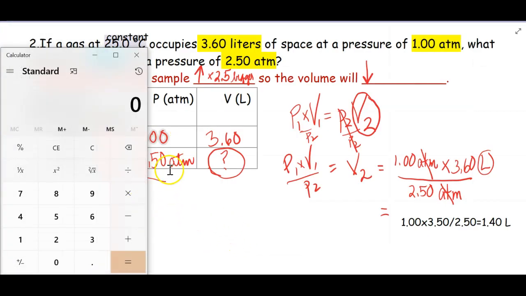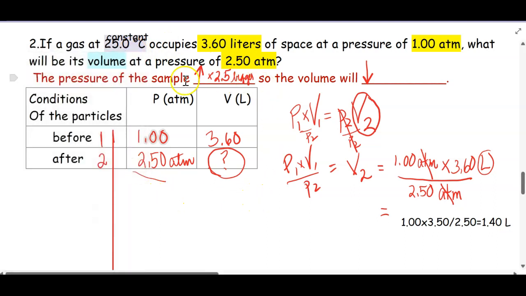I said that the final volume should have been 1 over 2.5, which is 0.4 times the original volume of 3.6, 1.44. I can't see, so I must have made some mistake there. But 1.4 is about what we should have gotten, and that's what I was checking.